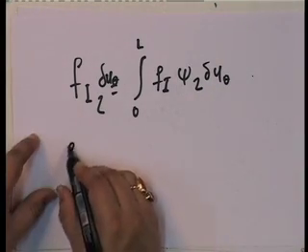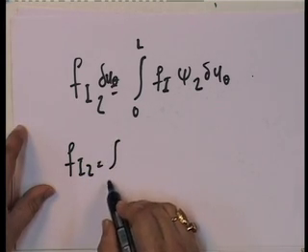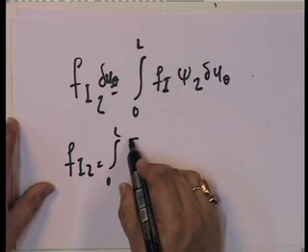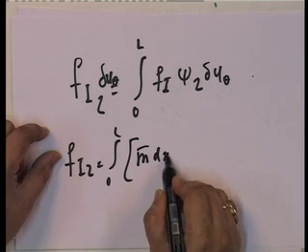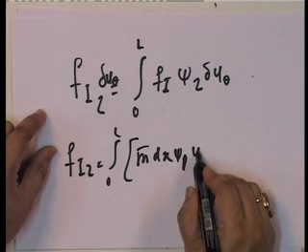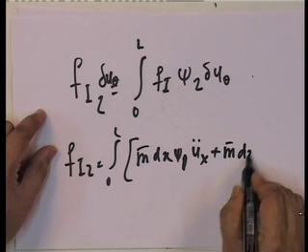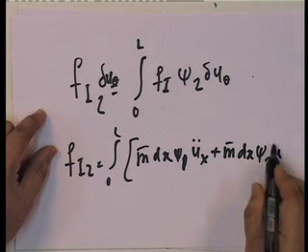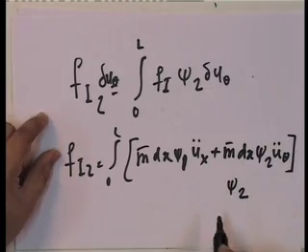So, if we look at this, f I 2 is equal to, again nominally given in that way, m bar dx xi 1 u x plus m bar dx xi 2 u double dot theta into xi 2. So, that is my f I 2. Okay.